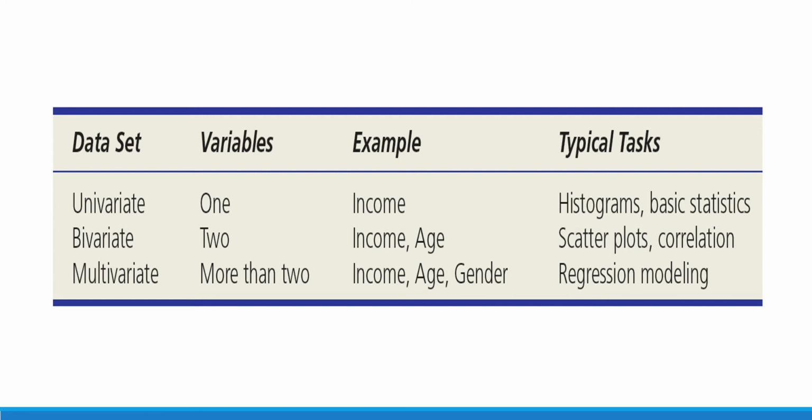For the multivariate, of course, in this case we'd have more than two variables included in the data set, such as income, age, gender. In this case, it would be very hard to represent it graphically, so we represent the relationship between the multivariate data set using some more advanced techniques such as regression modeling.